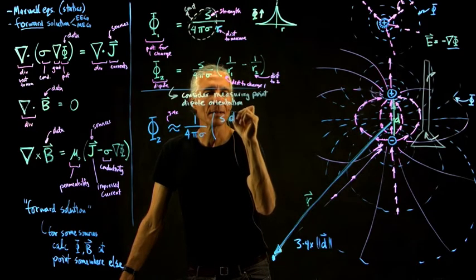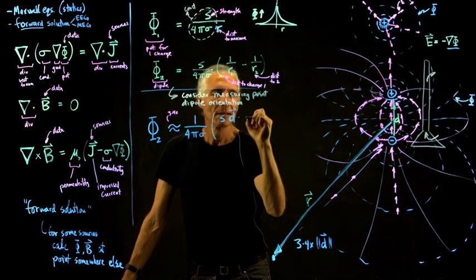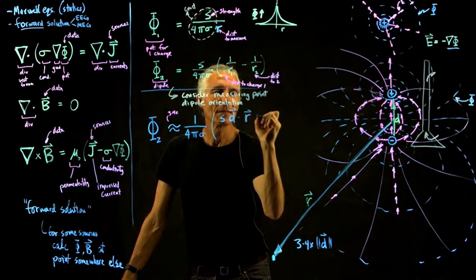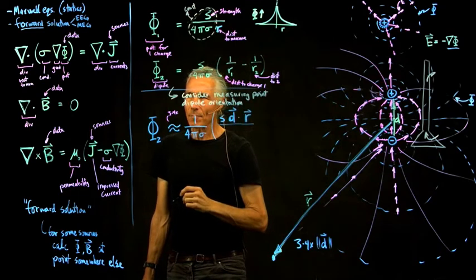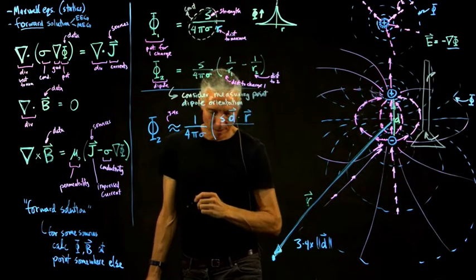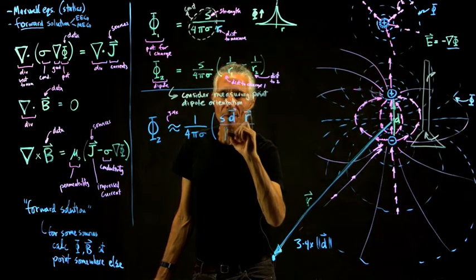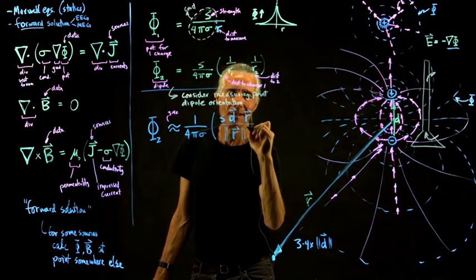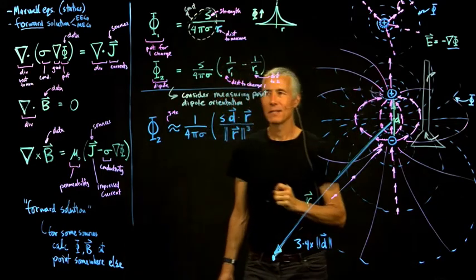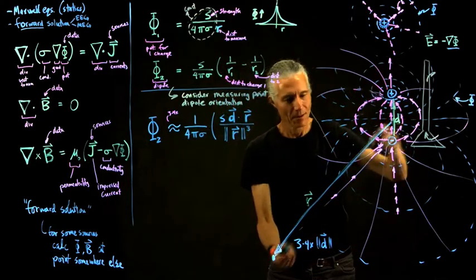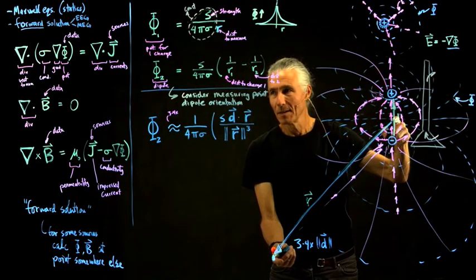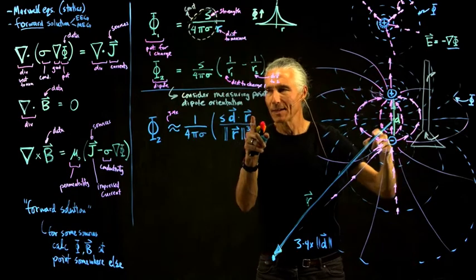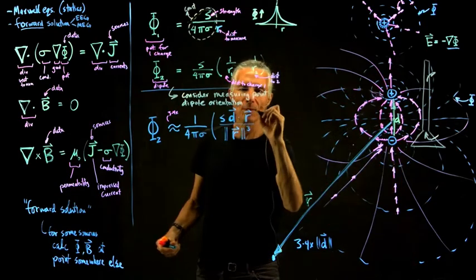It's the dot product of the measuring point vector and the dipole orientation vector d, divided by the cube of the length of the r vector. So this symbol just means take the length of this vector and then cube it. But we've got r in the numerator too.